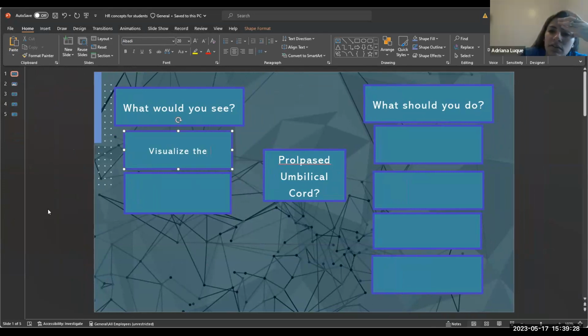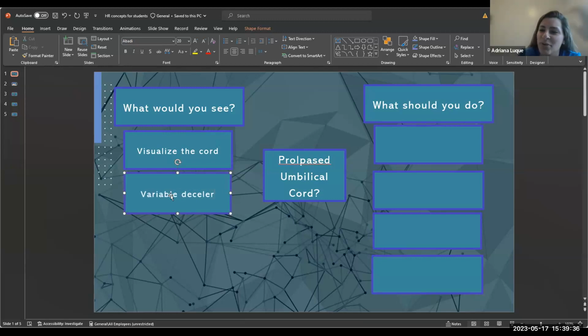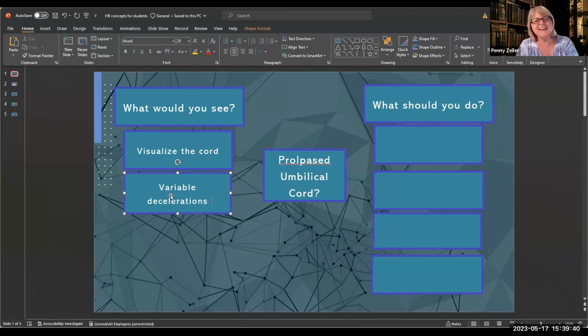And you could see variable decelerations on the strip and the monitor, yes, very good, Adriana. Unless you were in the process of doing a vaginal exam, you're going to see it on the monitor first, right? Okay.